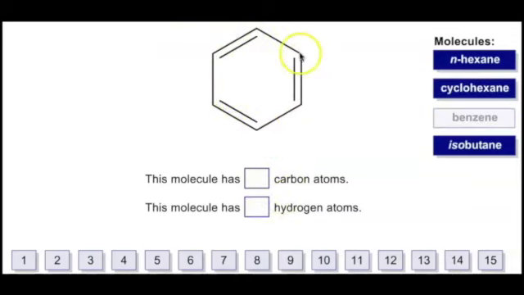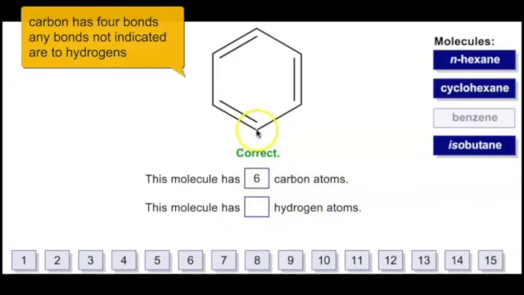So this again is a hexagon, but there are also double bonds involved here. So there's still 6 carbons. There's 1, 2, 3, 4, 5, 6 points, so each of those represents a carbon at those angles. But how many hydrogen atoms are there? Well, at each angle, there's 3 bonds coming out of it: 1, 2, 3, 1, 2, 3, 1, 2, 3, and so on.